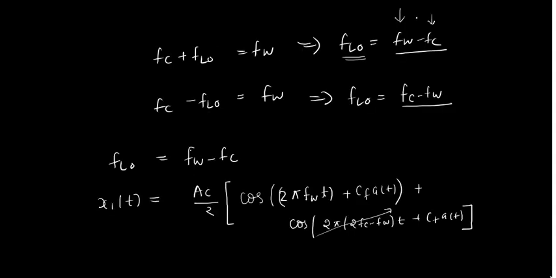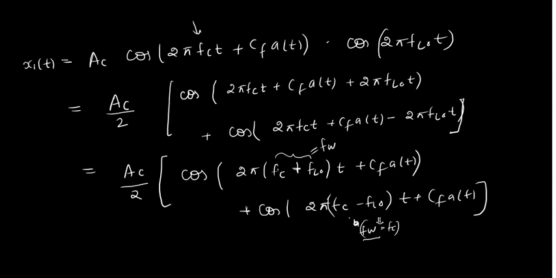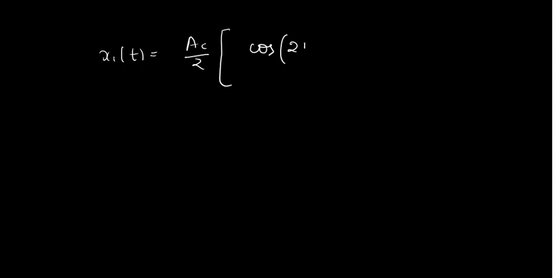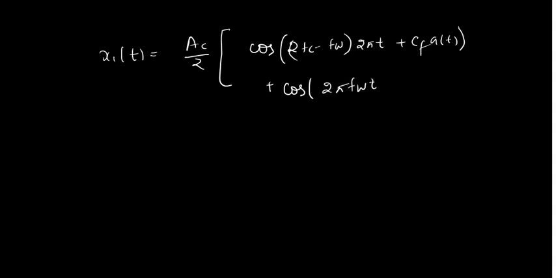And in the second case, we can choose FLO as Fc minus Fw. Then our output signal will be Ac by 2 cos of, your FLO is Fc minus Fw, so 2 Fc minus Fw, of course with a factor of 2 pi, plus the phase term, plus cos of 2 pi Fw t plus the phase term.